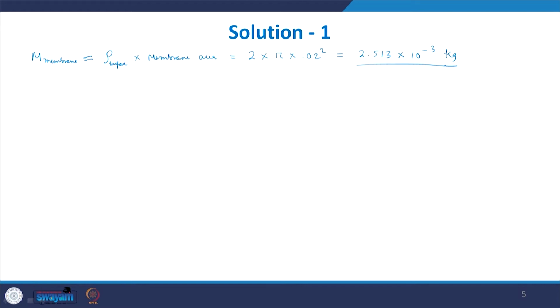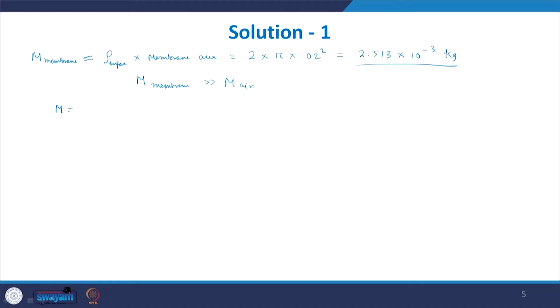As you can see here, the mass of membrane is much greater than the mass of air. In general, the mass of membrane is greater, and sometimes you can approximate the total enclosed mass as just the mass of the membrane. But in this case, let us take both masses and add them together.